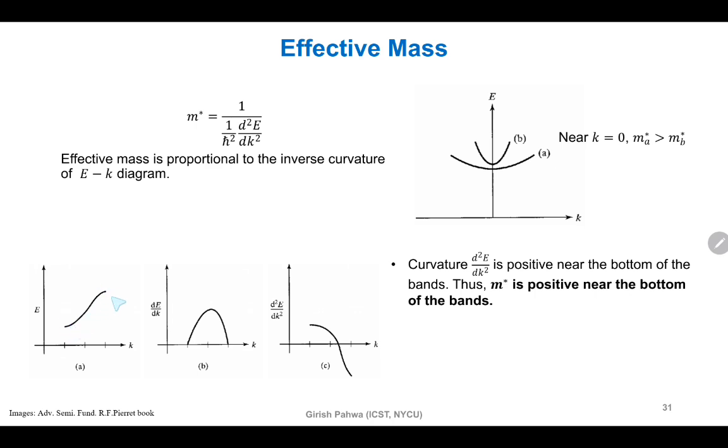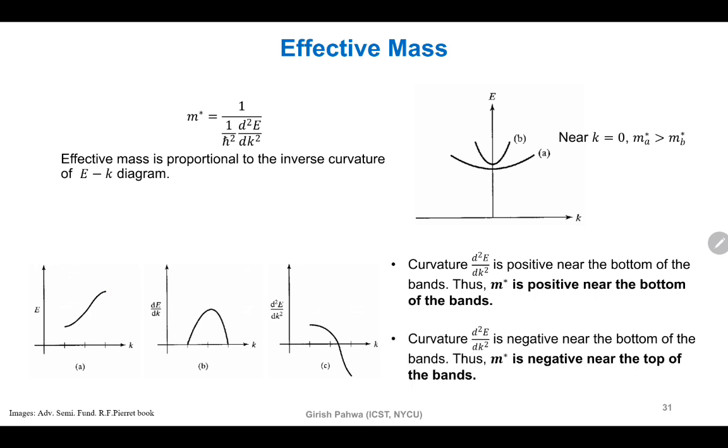Whenever I have a region where my E-k is curving downward, d2E by dk square is negative. So my m star is positive near the bottom and negative near the top. It's always the case. Near the bottom you will have a positive effective mass, near the top you will have a negative effective mass.